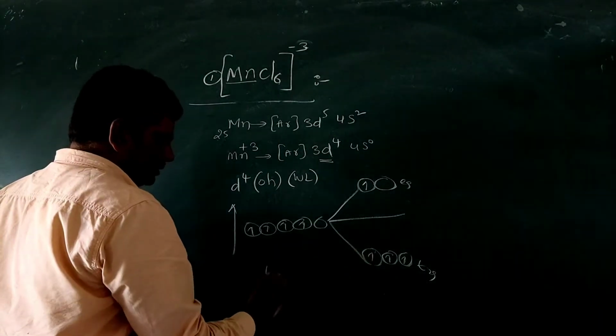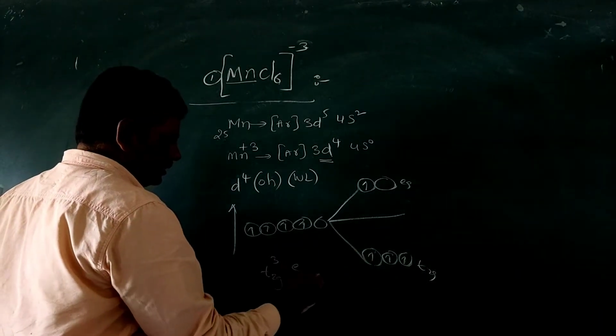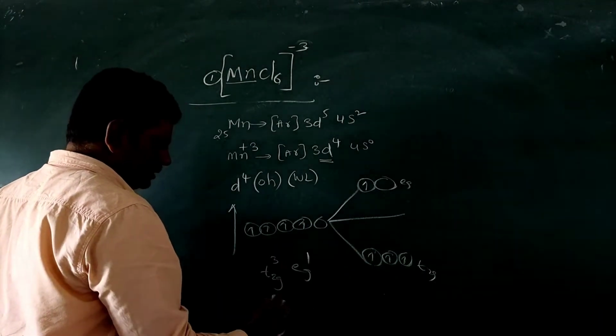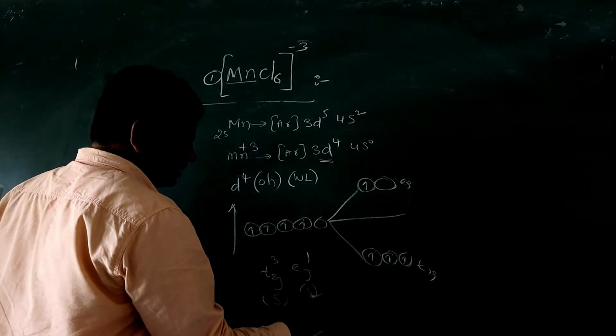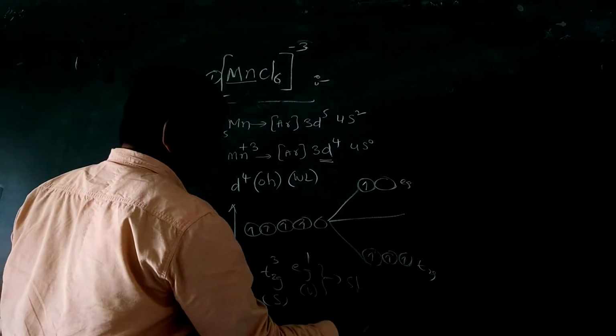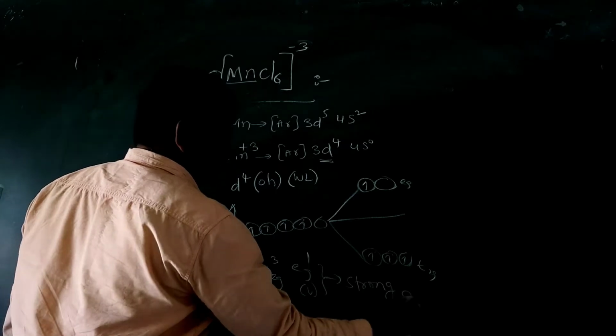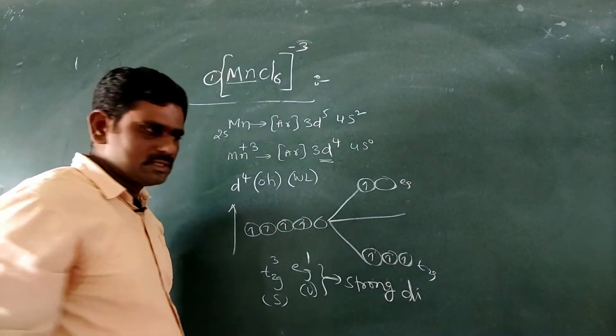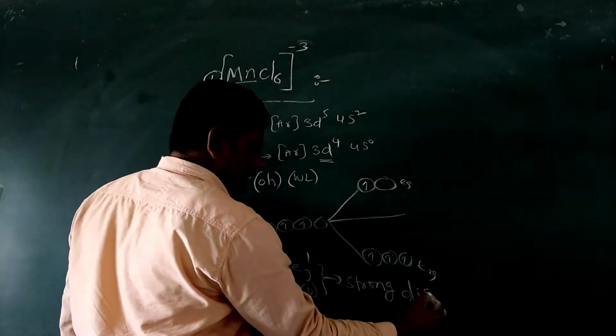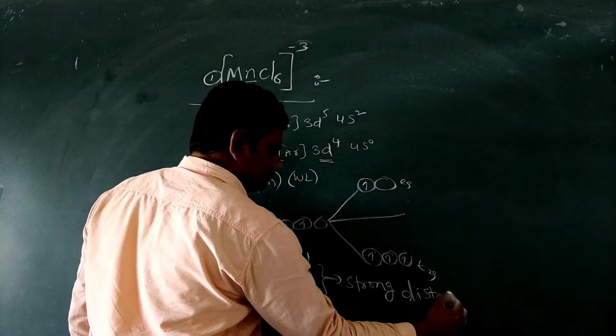So what is the configuration, students? t2g3 eg1. t2g3 is a symmetric condition, eg1 is an unsymmetric condition. We expect strong distortion according to Jahn-Teller distortion.